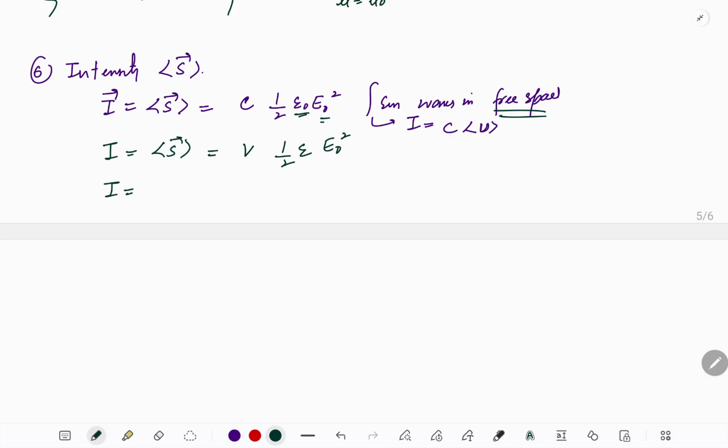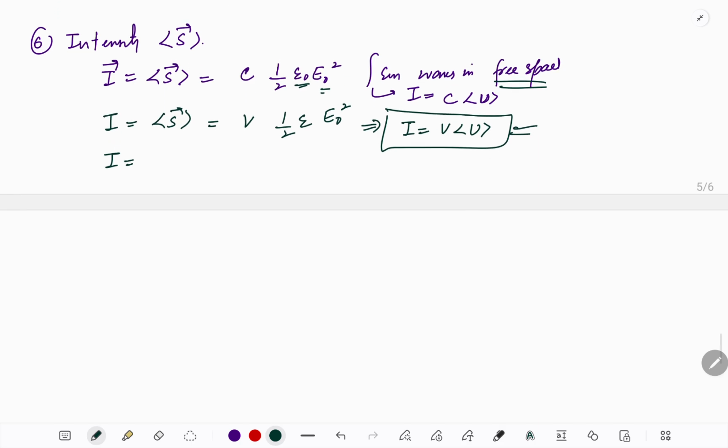So here we will write intensity as v times the average energy density. This is one of the important equations for this topic.